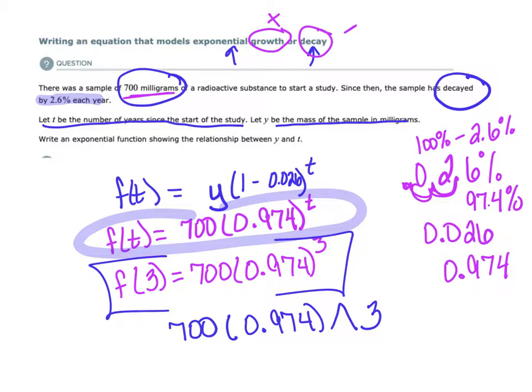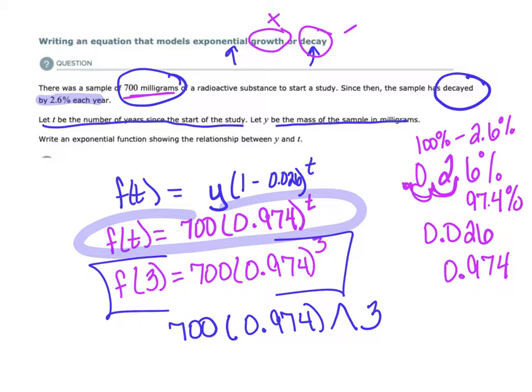I actually don't have a calculator pulled up, so give me just 1 second. So I've got 700 times 0.974. I have to close those parentheses, and I am raising that to a power of 3.